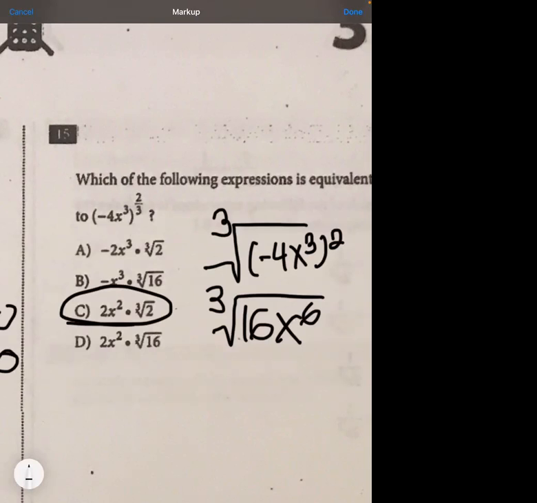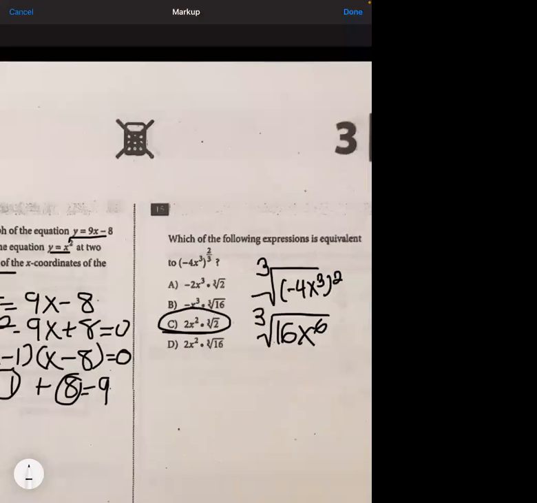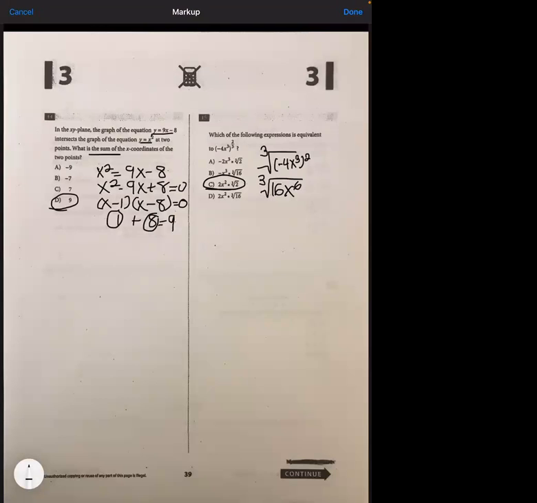I'll post a more in-depth solution, but we came to the end of this session. So email me if you need any more explanations on any of these problems, but I'll post the solutions to every single one of these problems in Google Classroom after the session.